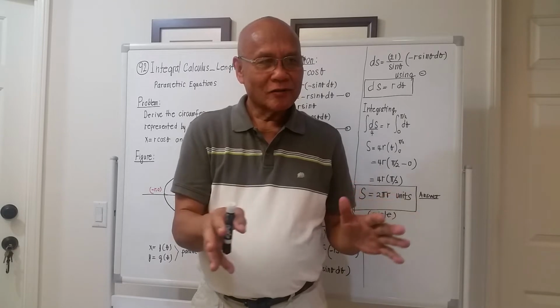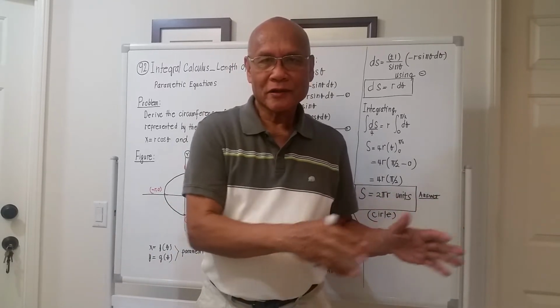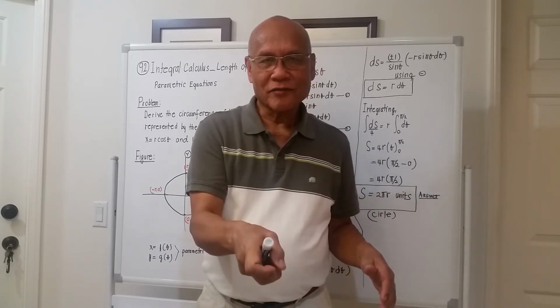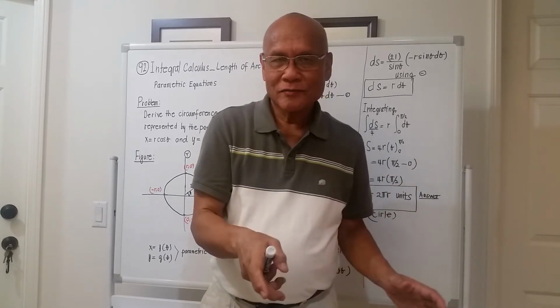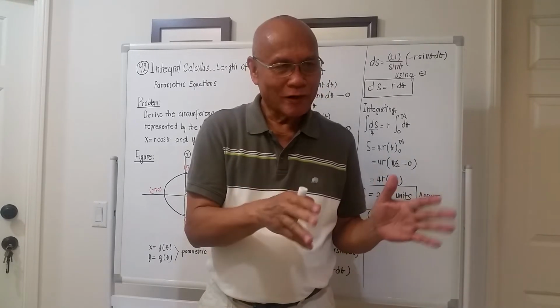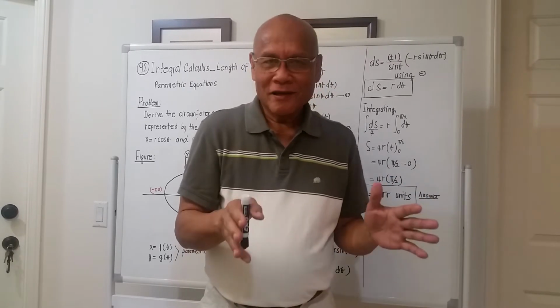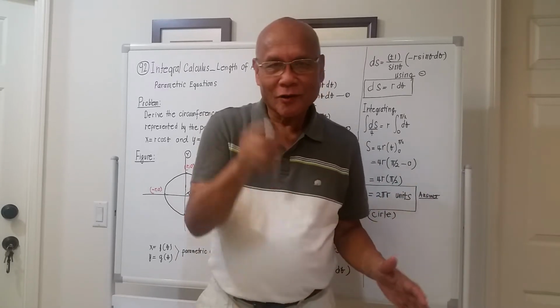The last time around, all my examples under length of arcs were actually circumferences and perimeters using the Cartesian coordinate system. Tonight, I will be using parametric equations, and what will it pull under Cartesian maybe? Maybe after some manipulations, it will come out under Cartesian. Okay, let's proceed.